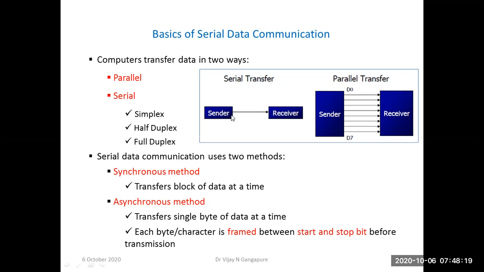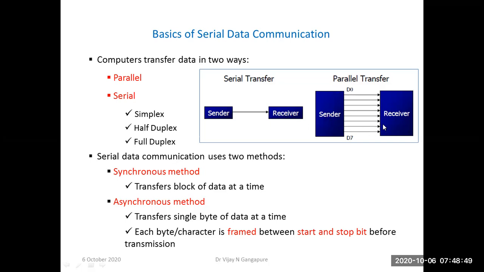The sender will put zeros and ones continuously after a fixed interval of time, and the receiver will receive these bits sequentially on this pin after a fixed interval of time. This happens in serial transfer of data.